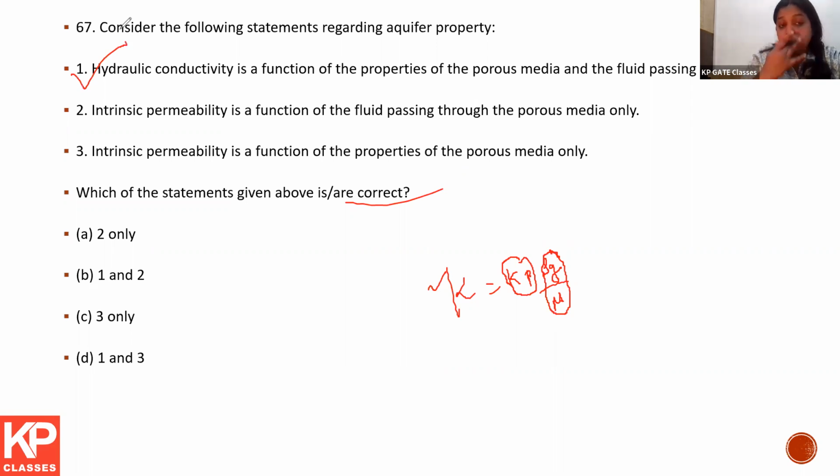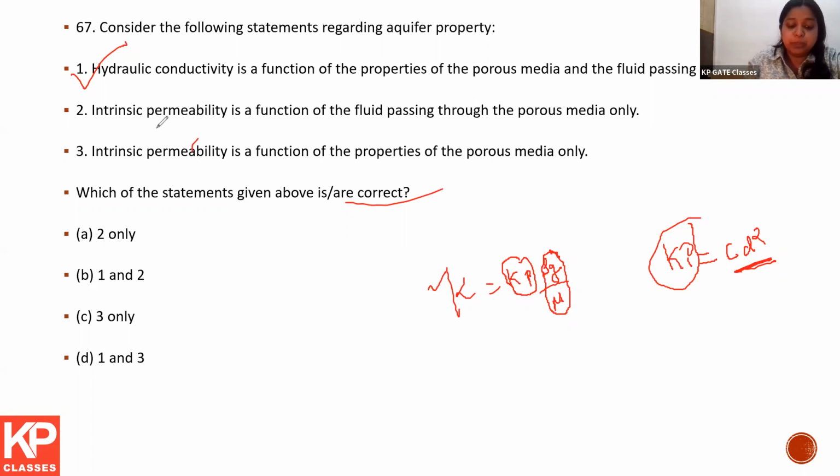Now, intrinsic permeability Ki is defined as the shape coefficient times the diameter of the pore space squared. So this intrinsic permeability only depends upon the porous media. It does not have any relationship with the fluid passing through the porous media.